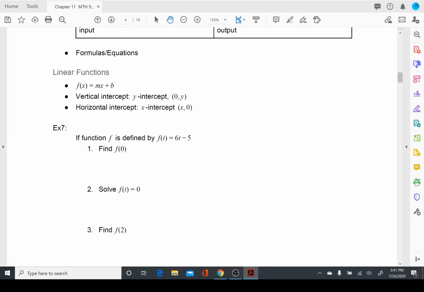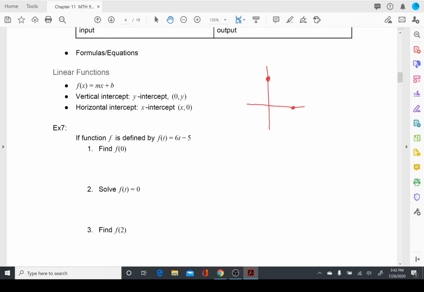But I'm going to expect that you know slope-intercept form, y equals mx plus b form. I will say f of x equals mx plus b, but same thing. If you put in 0 for x, you will be finding your y-intercept. And if you put in 0 for y, you'll be finding your x-intercept, or your horizontal intercept or your vertical intercept.